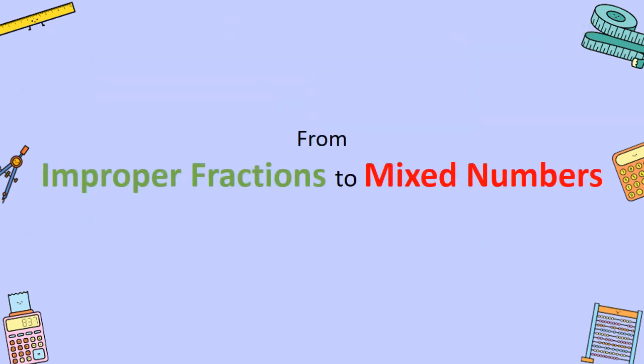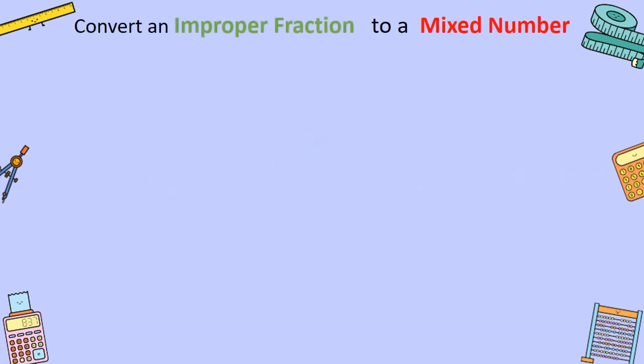Now the second part of the video, which is converting improper fractions to mixed numbers. Now we have a fraction 4 by 3, which is an improper fraction, and we'll convert it into a mixed number. Now, as we know, a mixed number is made of a whole number and a proper fraction. So let's see how we can convert this 4 by 3 to something that is a whole number and a proper fraction.